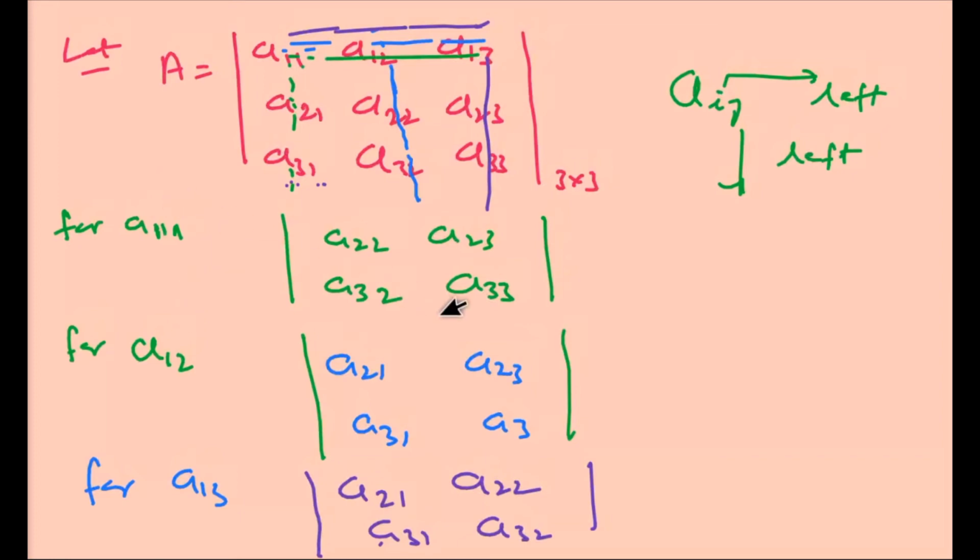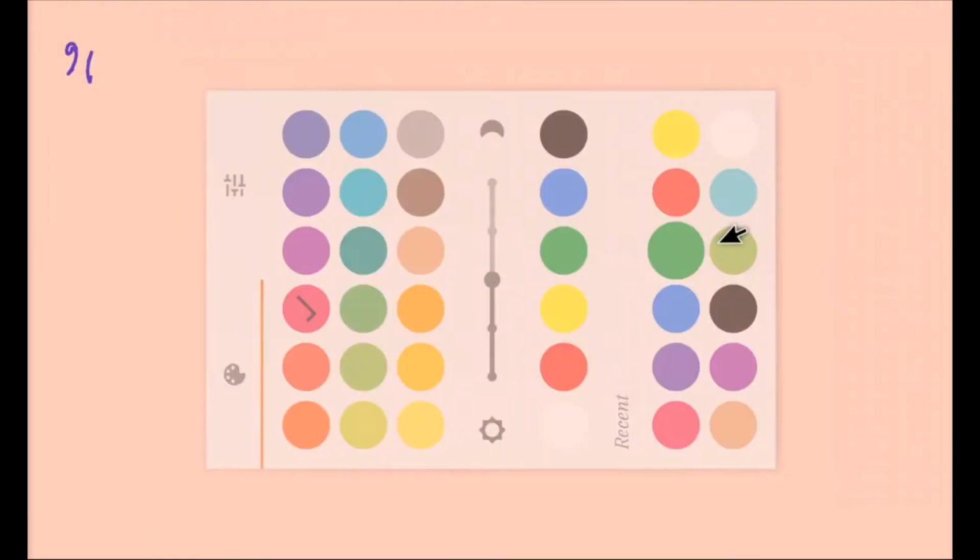Now if a determinant of order 3 by 3, we can get 9 minors.